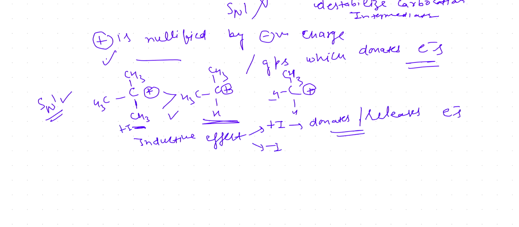It releases its sigma electrons towards this carbon. There are three methyl groups releasing their electrons towards this carbon carrying positive charge, so they nullify this positive charge. But in the case of secondary, there are only two methyl groups releasing their electrons towards this carbon carrying positive charge. Therefore, tertiary carbocation is more stable than secondary carbocation.